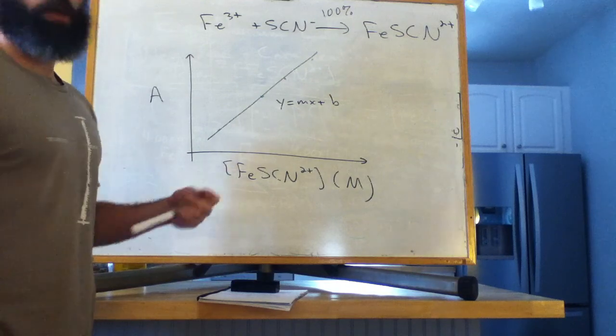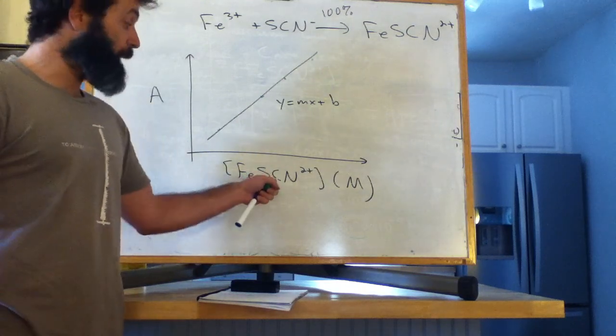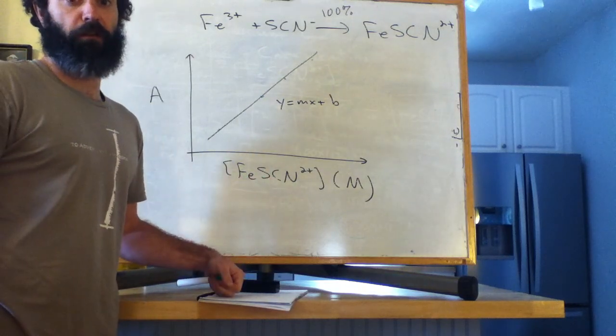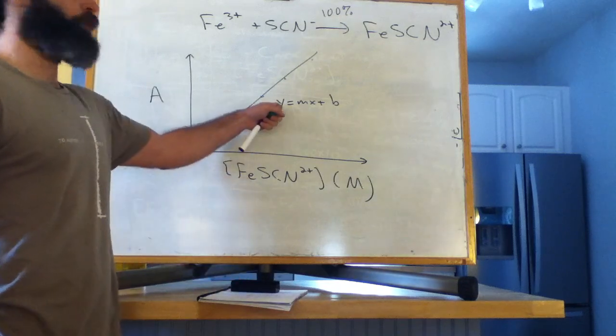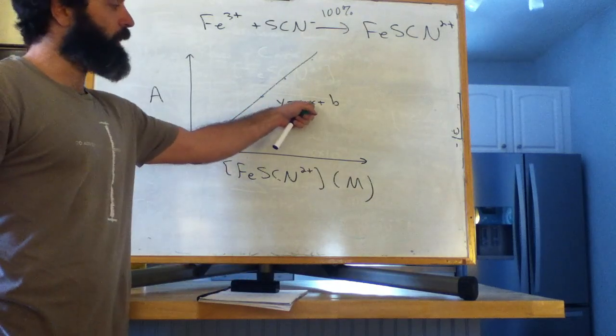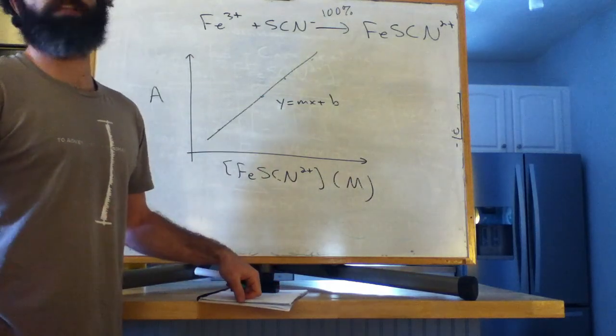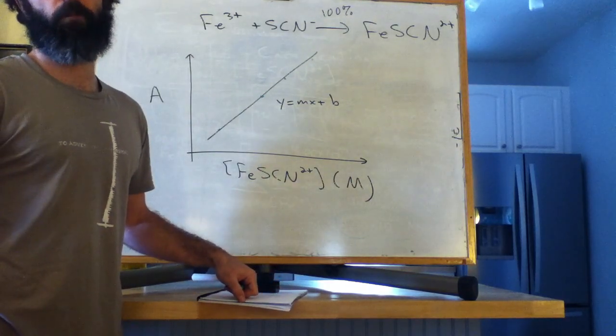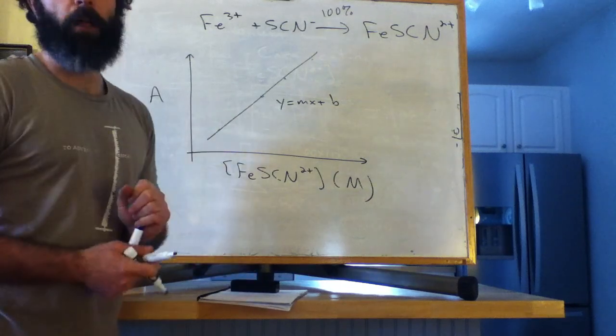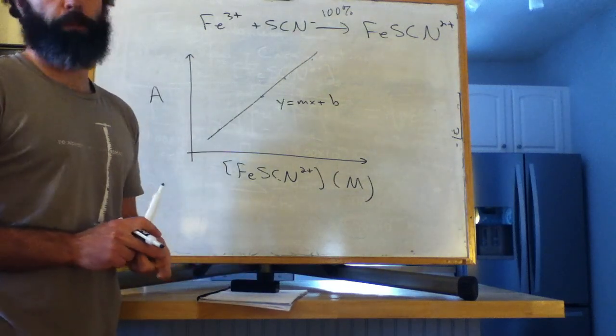Well, now let's say we had an unknown solution that we did not know this concentration of. Well, if you were simply to measure an absorbance value, you could figure out that unknown concentration by solving for X, just like we did in our kinetics experiment. Okay, so we're going to construct this calibration curve and we're going to use it for a couple things.